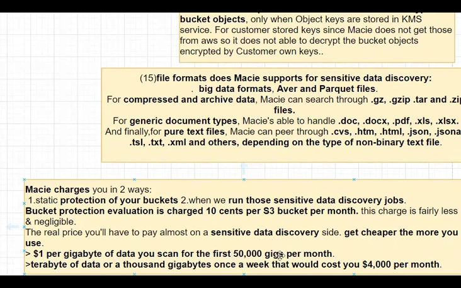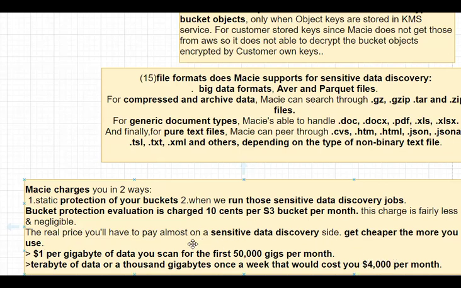Whereas if you scan more, that is TBs of data or thousands of GBs of data, once a week, you would be charged up to $4,000 per month. So here you are not charged for a particular GB; we are charging for the whole data. For that, you will pay only $4,000 per month.